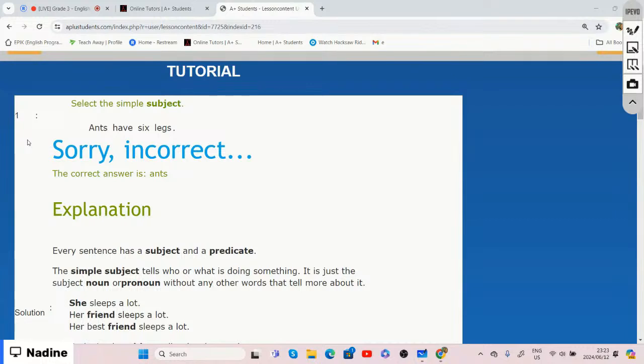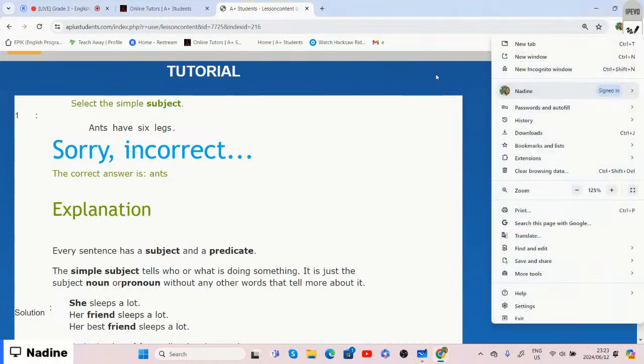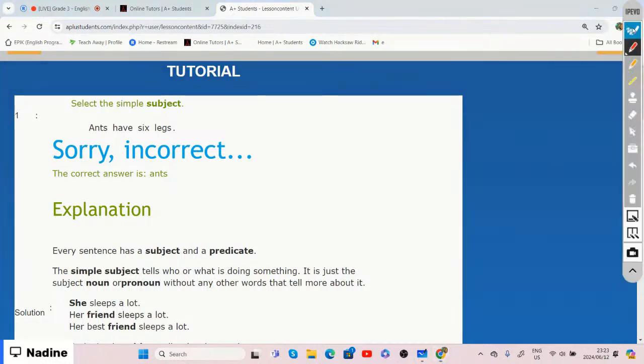All right. So if we were to identify our simple subject within the sentence, right, that tells us either who is doing something or what is doing something, and then we can say ants is our subject, right? So ants is our subject that tells us either who is doing something or what is doing something.